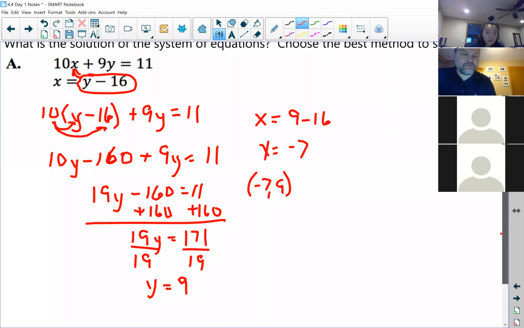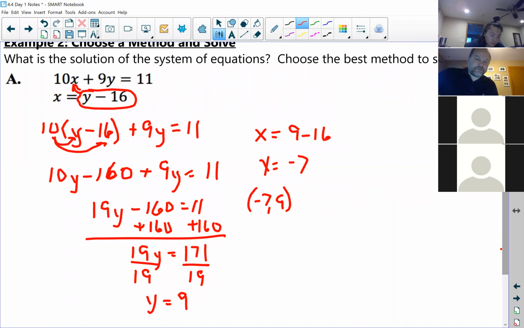So I get negative 7, 9. And if I wanted to double check that, I could plug into the first equation and check.